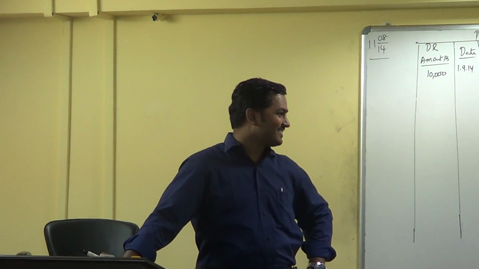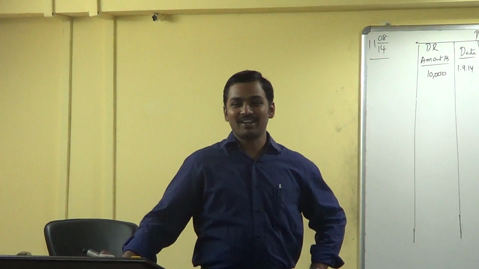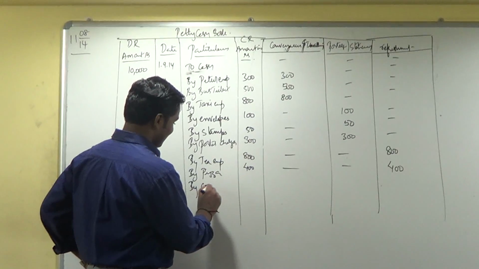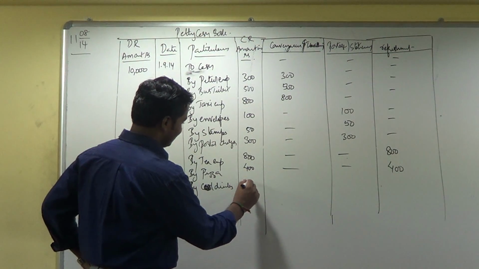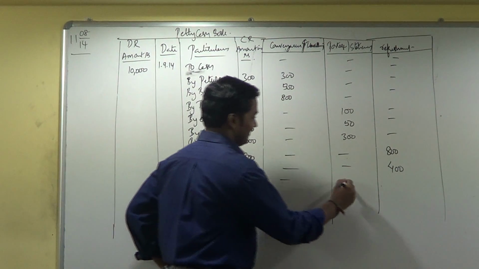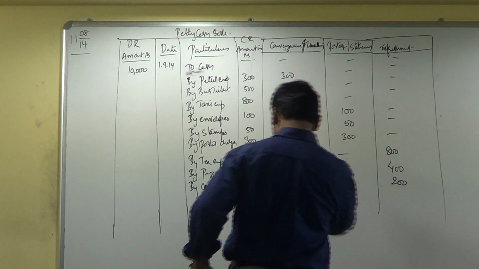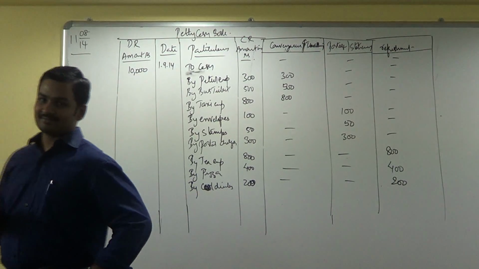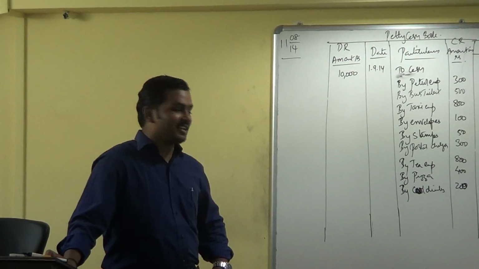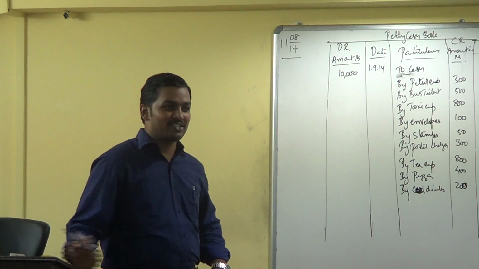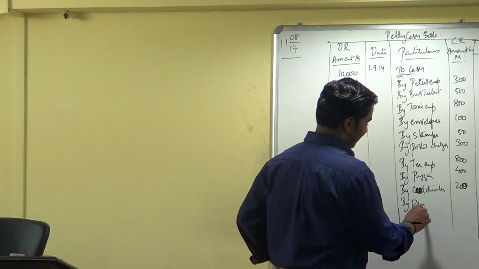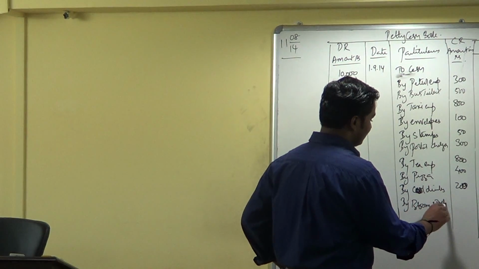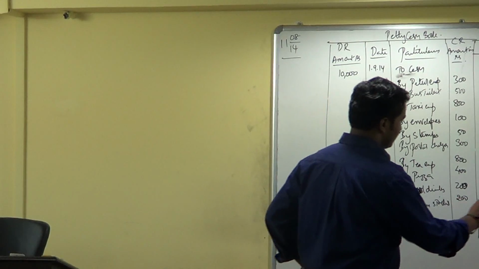Next transaction. Cool drinks. How much? Next, broomsticks. How much amount? 200 rupees.